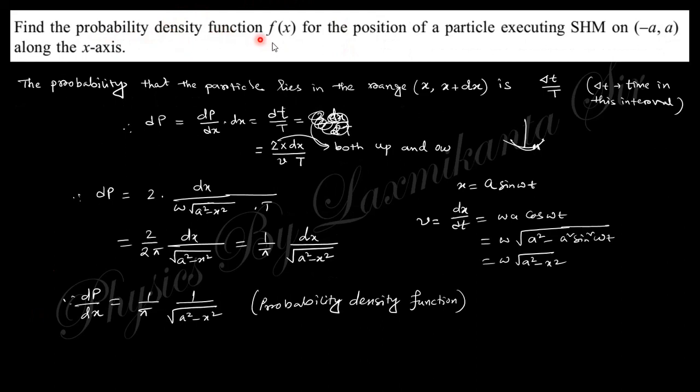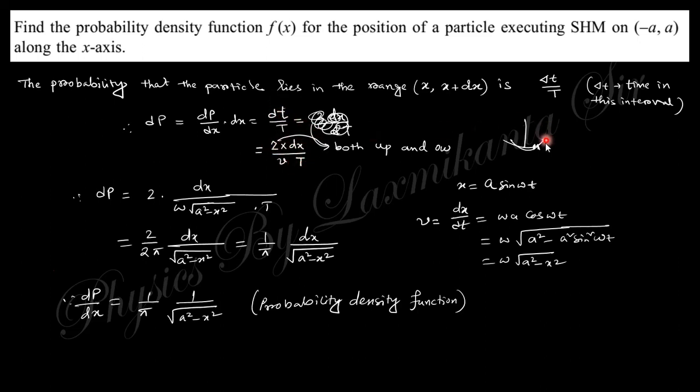Find the probability density f of x for the position of a particle executing simple harmonic motion from minus a to plus a. So if you take this total motion, within the region x plus dx, the probability will be the time interval within that region, delta t by T. The probability is nothing but this delta t by T, and this time will be 2 into dx by v.